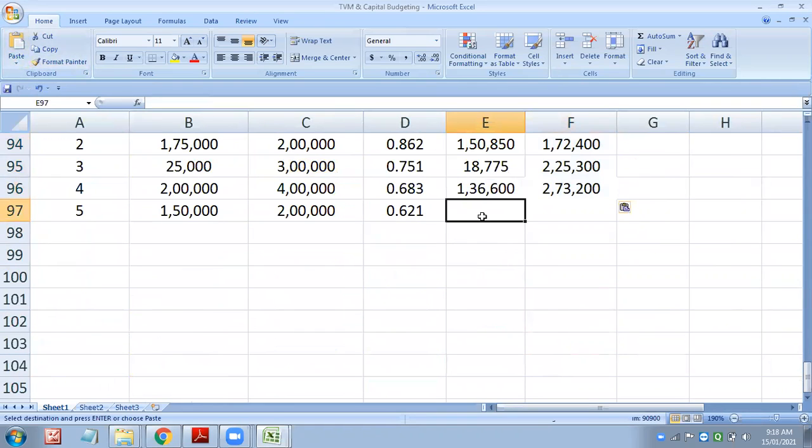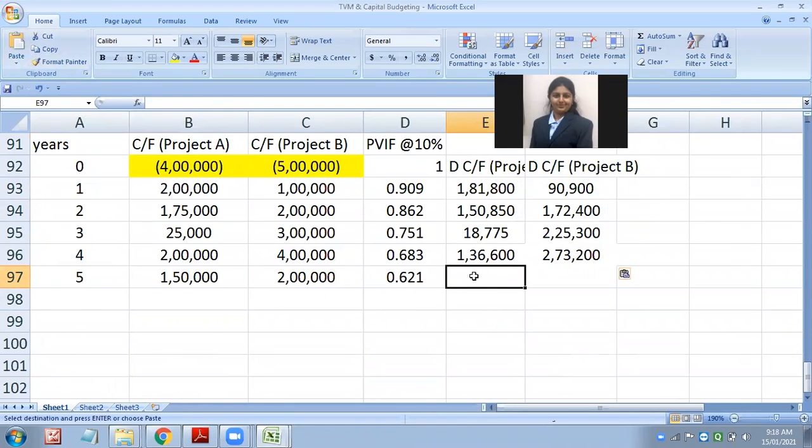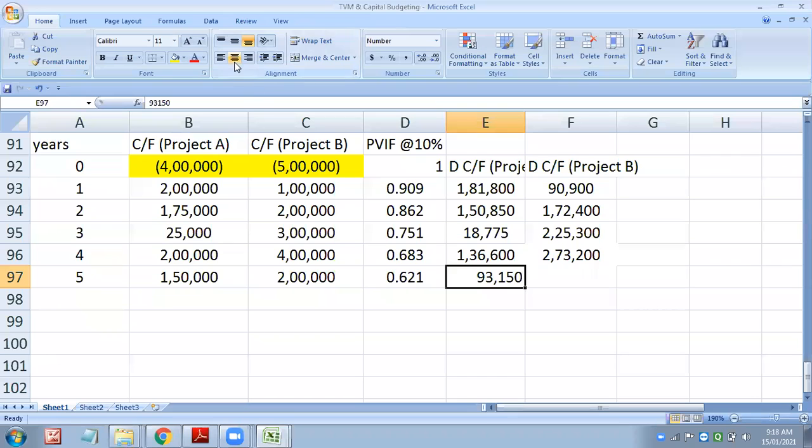Get me the discounted cash flow for the fifth year for both the projects. 93,150 for project A. For project B, 1,24,200. So what is the total present value of cash inflow for both the projects?